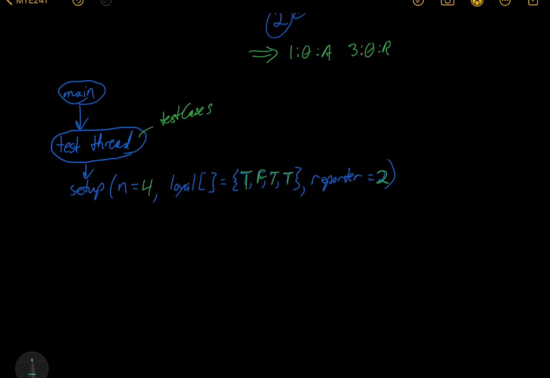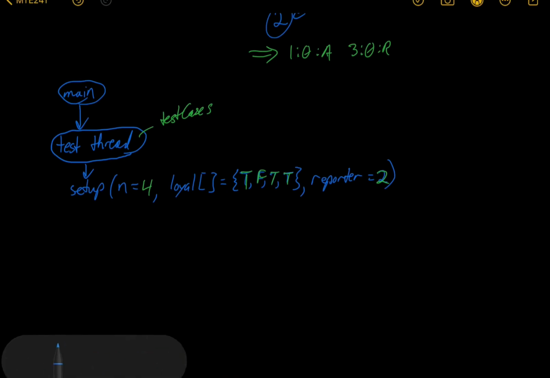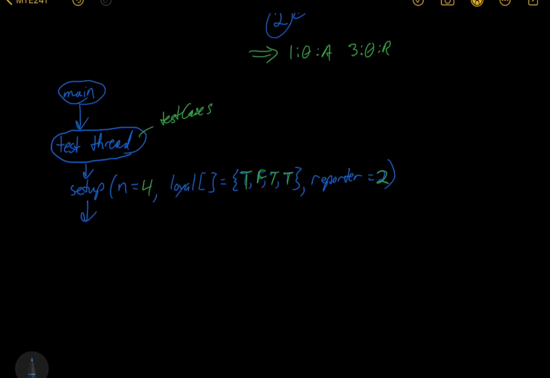Okay, so in setup, I'll write the pseudocode after, but you're going to record this information because your general function is going to need this information, and you're going to be allocating some other message queues and whatever you need.